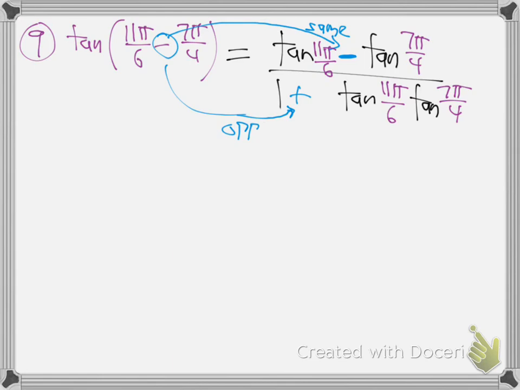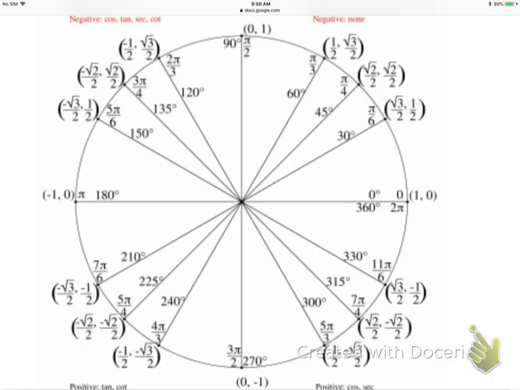Now those are a little painful, some of those numbers. You could put in the pi and find the angles, but it could end up being a lot of work. So we're looking for tangent of 11 pi over 6. Go to 11 pi over 6, which is right here. This is cosine, sine. So tangent, what's tangent always? Sine over cosine.